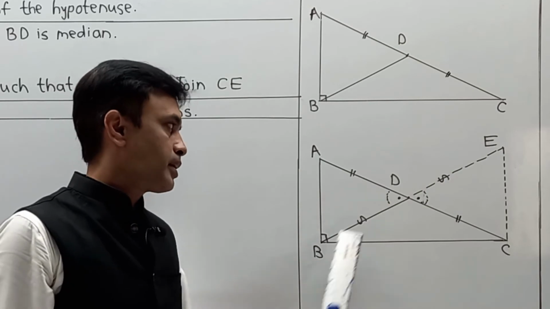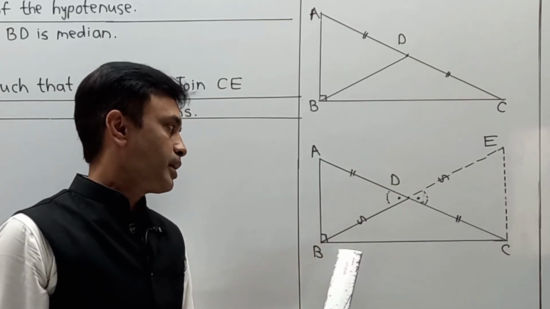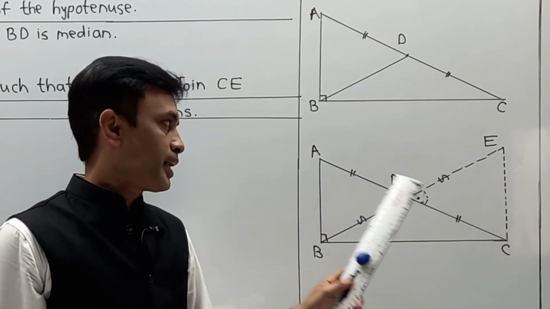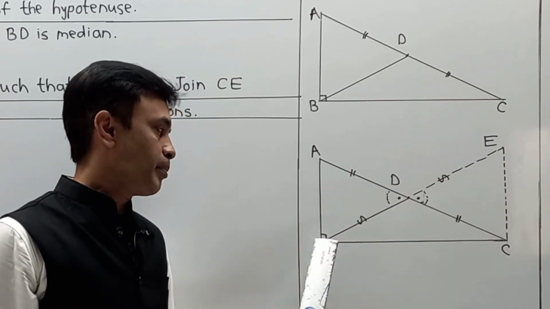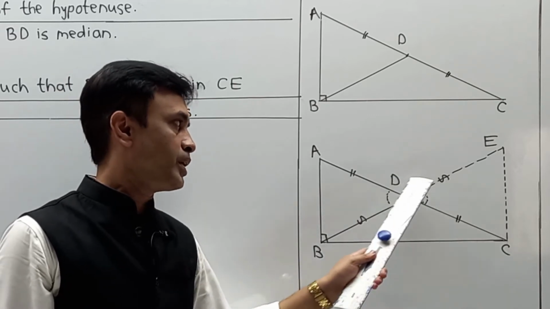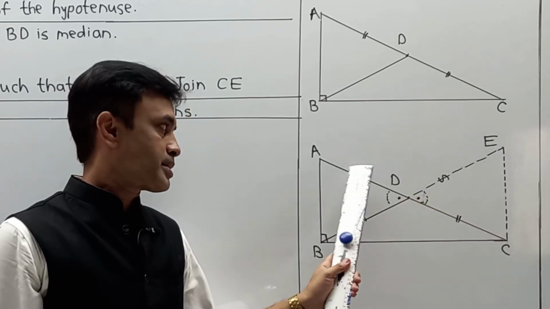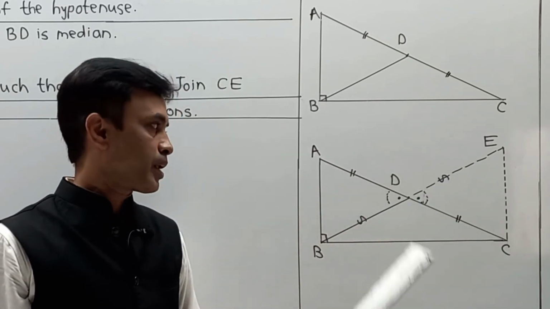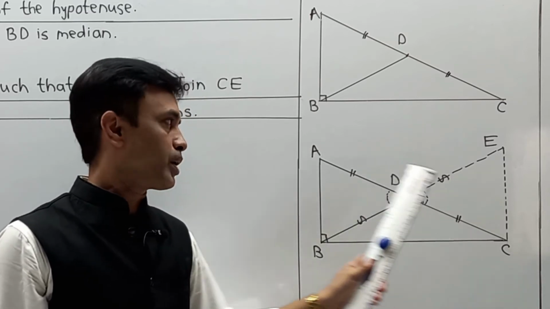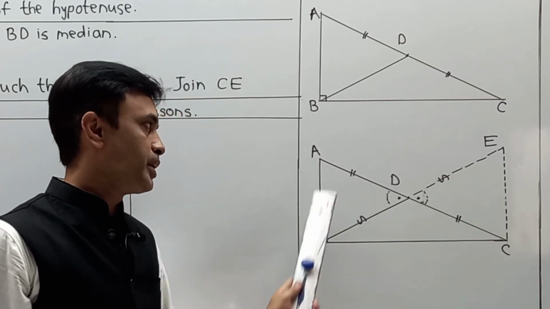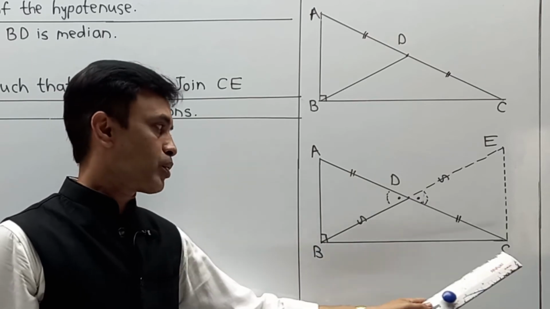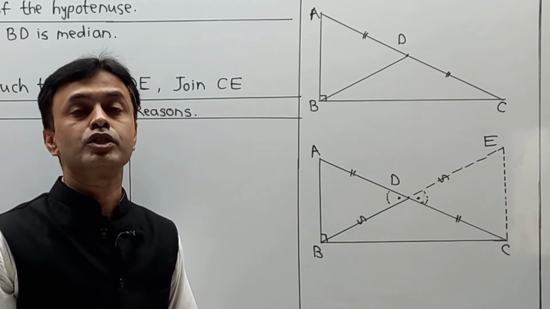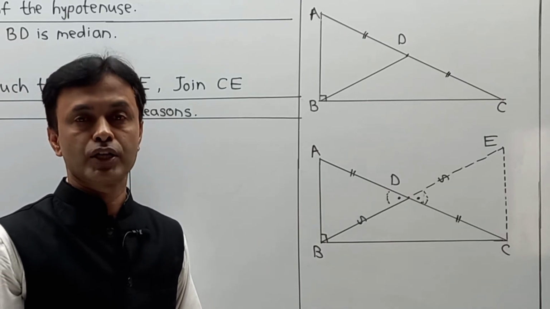And third, BD equals ED because of construction. Naturally, triangle ADB is congruent to CDE by the side angle side test of congruency. Now when two triangles are congruent, naturally their respective sides and respective angles must be congruent.